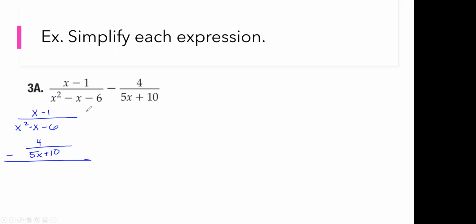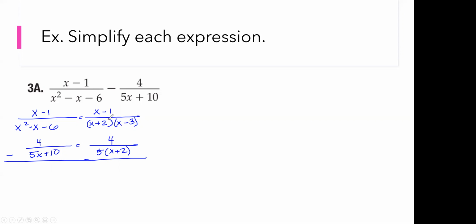So I have x minus 1 over, because this can be factored, the factors of negative 6 that combine to get negative 1. That would be positive 2 and negative 3. And then down here, in my denominator, I can factor out a 5, which leaves me with x plus 2 in the parentheses. And my numerator is still 4.